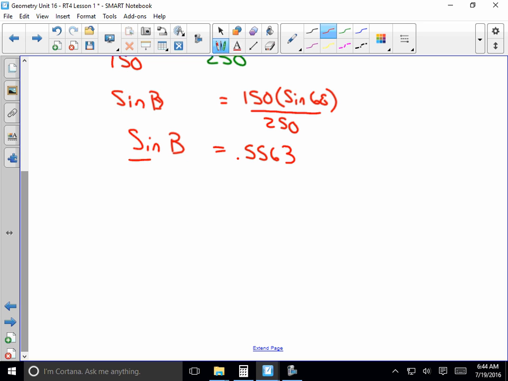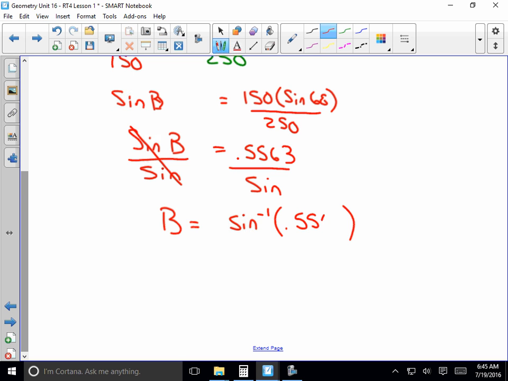Now, to get the angle B by itself, remember before we talked about mentally thinking that we're dividing by sine to get B by itself. The calculator does not have a button for dividing by sine. So what we're going to do is use the sine to the -1, because that's really what it means if sine is in the denominator. It has a -1 exponent.